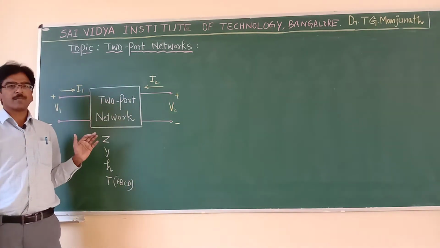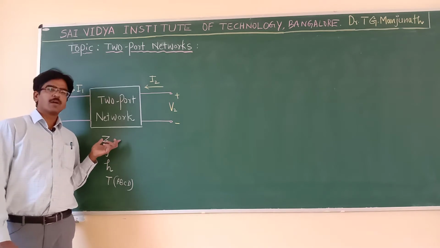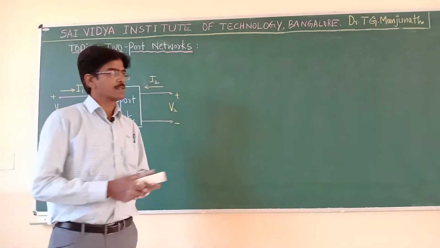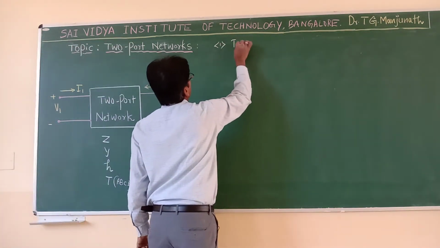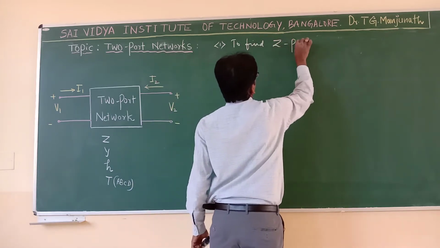Now, in this session, let us find one by one the Z parameters, Y, H and ABCD parameters. First, to find Z parameters.